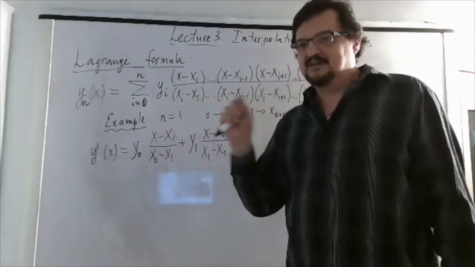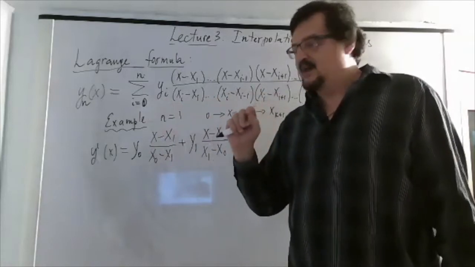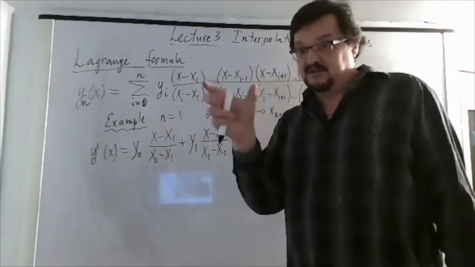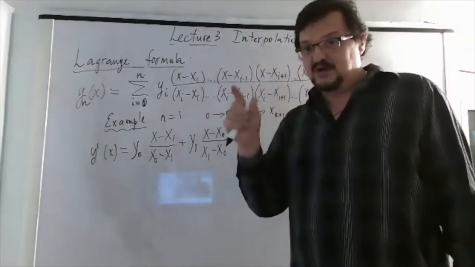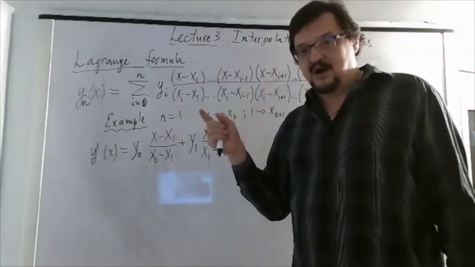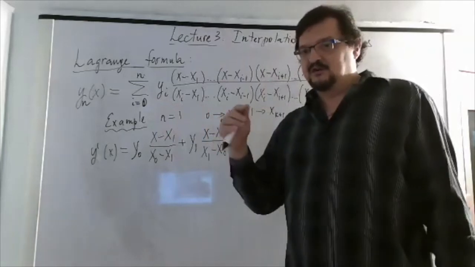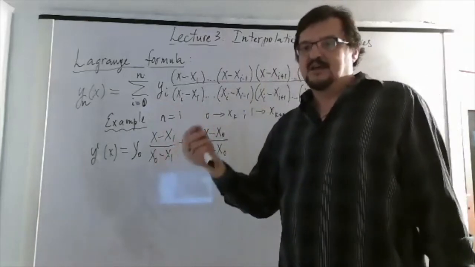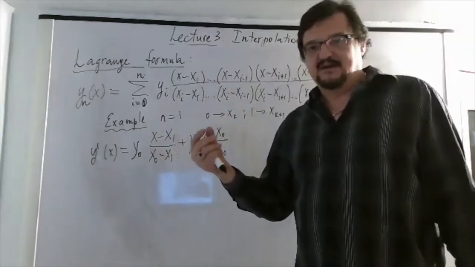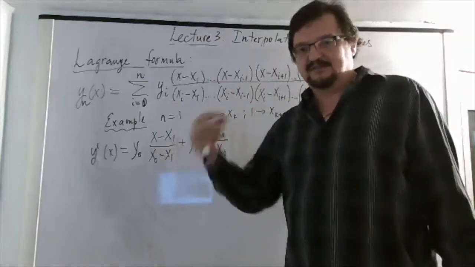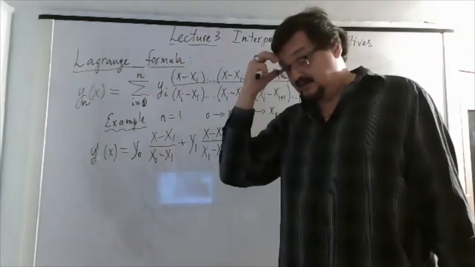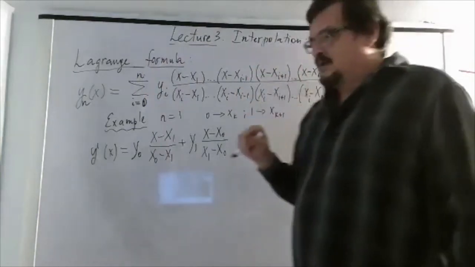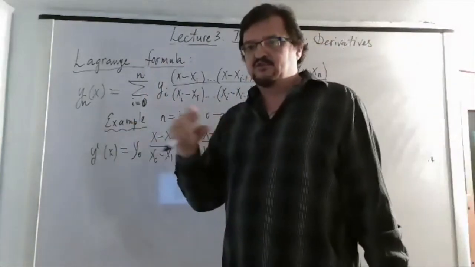Like if you have n grid points, say 2 points, it's polynomial of order 1. So it's n minus 1 power of polynomial. If you have say 10 grid points, your polynomial will be 9th power, the biggest power of x. And it's guaranteed to be unique.